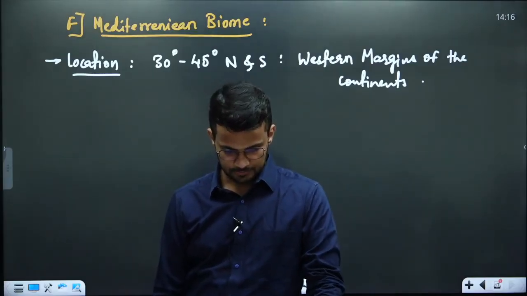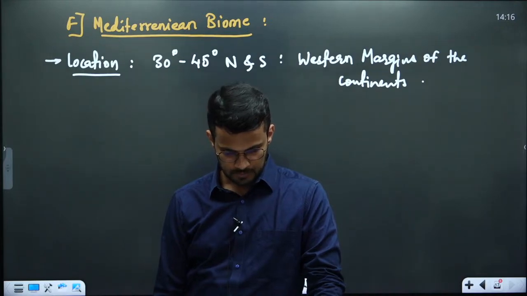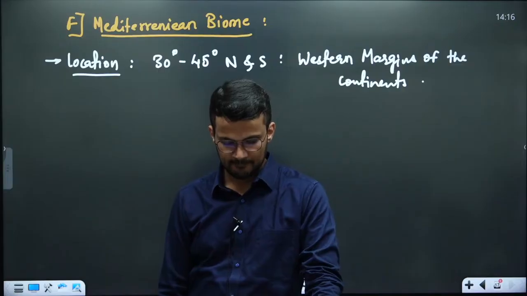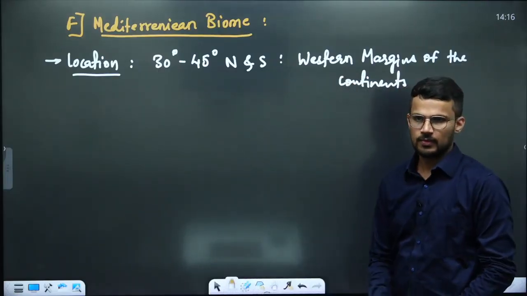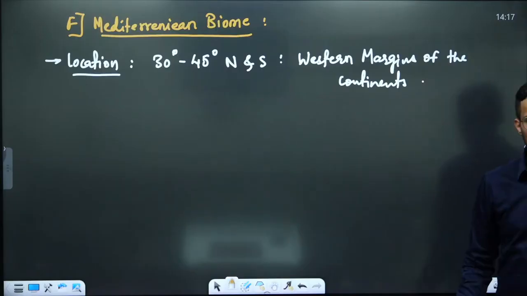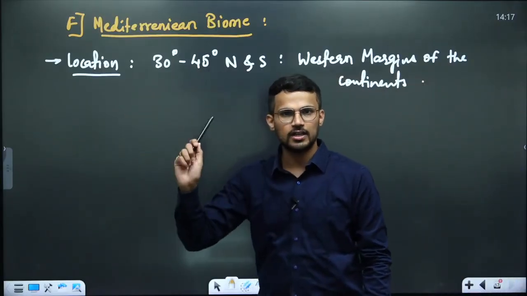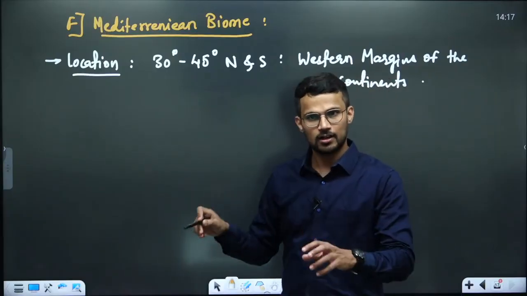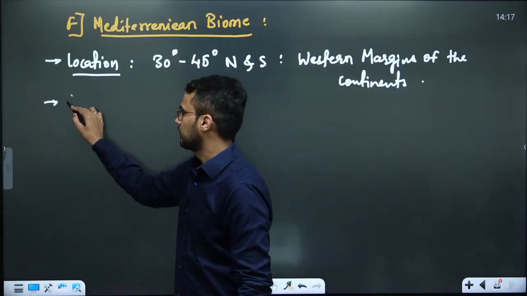Next Chile, South Africa, Australia. Fine. So we may have presence of Mediterranean in these areas. It is not only present in and around the Mediterranean Sea.